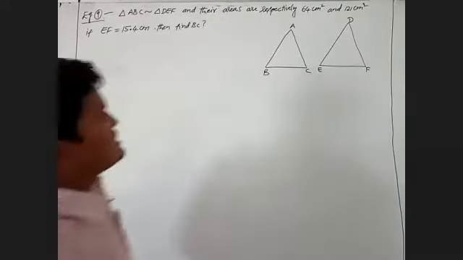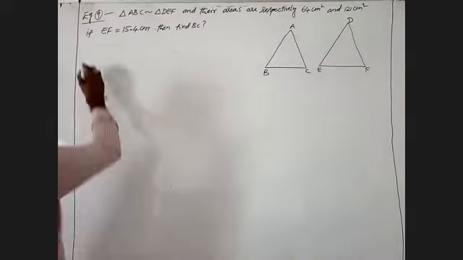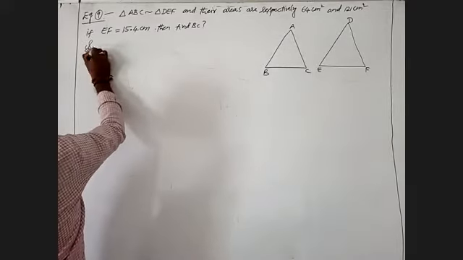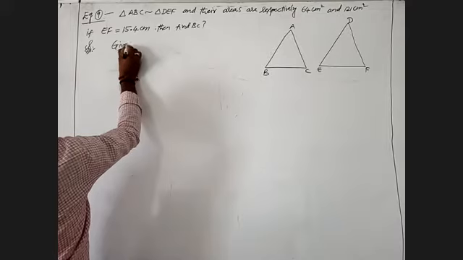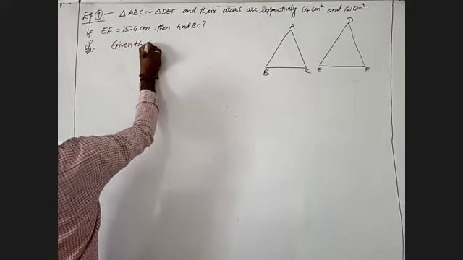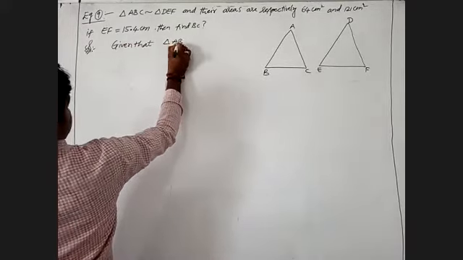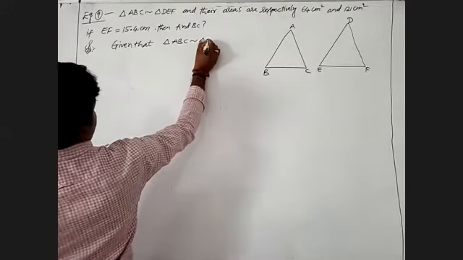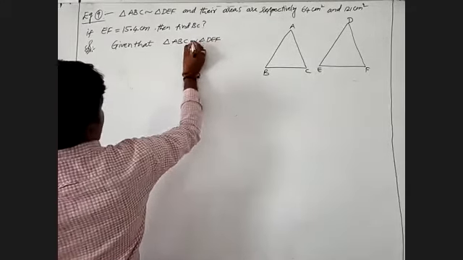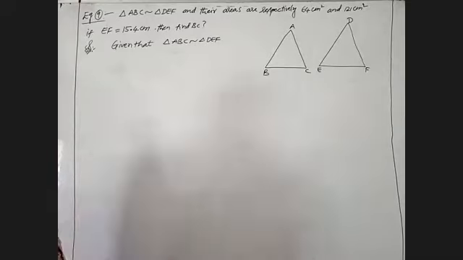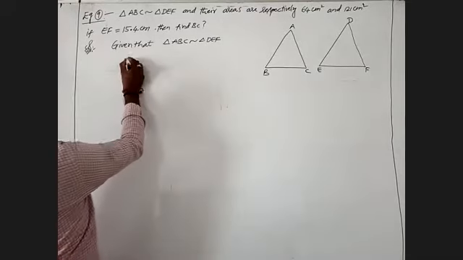One more statement is given: triangle ABC is similar to triangle DEF. Both triangles are similar and also their areas are given.